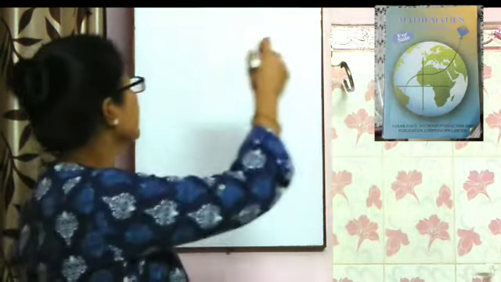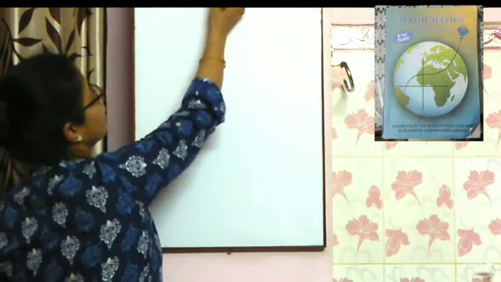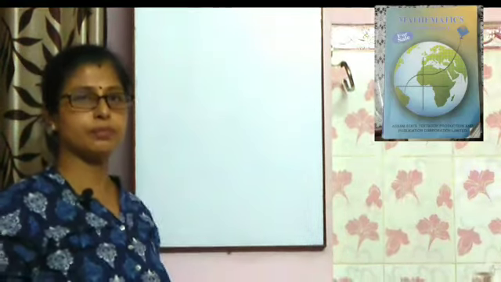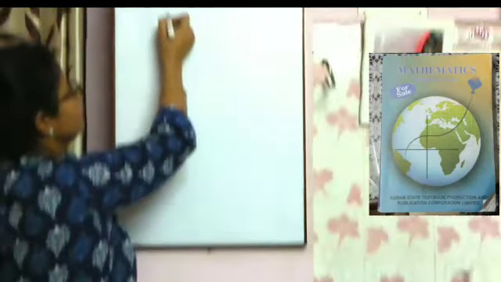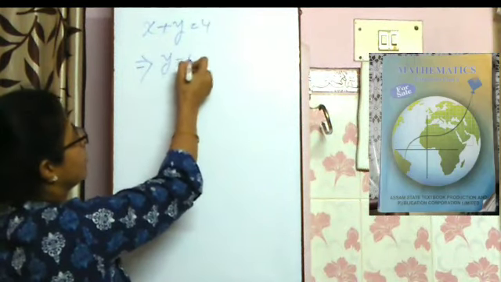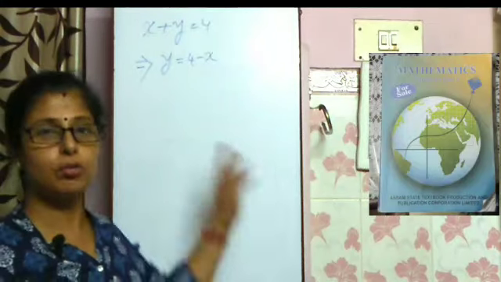So I'm giving you the basic concept of graph, how to plot the points and how to solve an equation using a table. For example, suppose x plus y is equal to 4. First of all, we will solve this equation for y. Why is it solved for y?